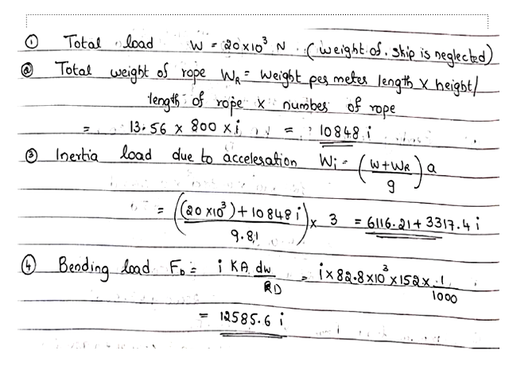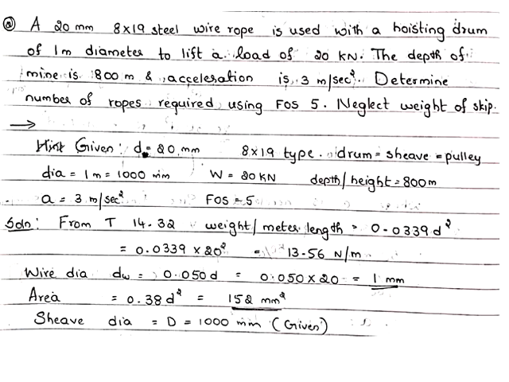In this question, we have to calculate the number of ropes required to lift the load. That means to lift the load we are using more than one rope, and we have to find out the number of ropes required.